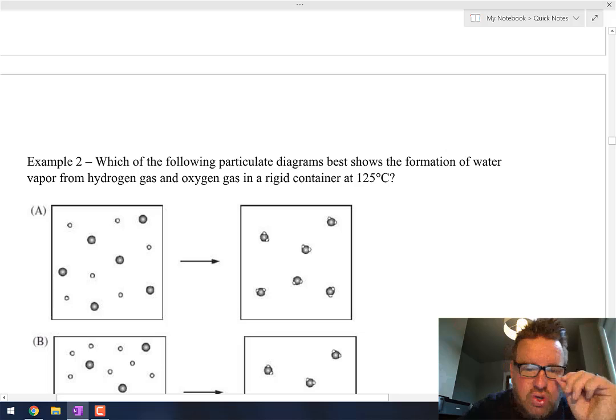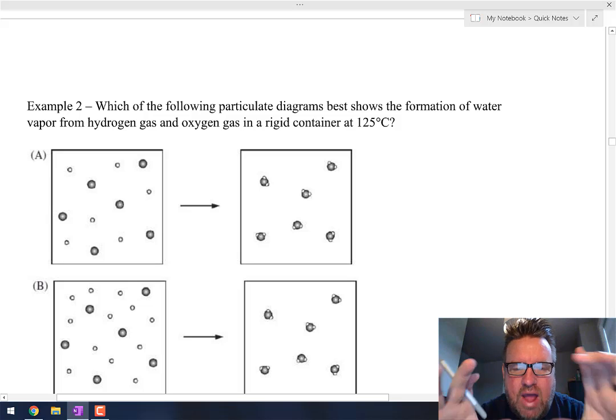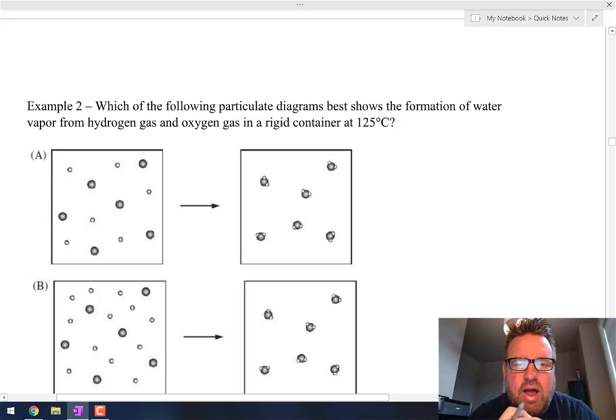Okay, so now we're going to the second example of can you visualize a balanced equation, thinking about the actual particles moving around and reacting with each other. Which of the following particulate diagrams best shows the formation of water vapor from hydrogen gas and oxygen gas?